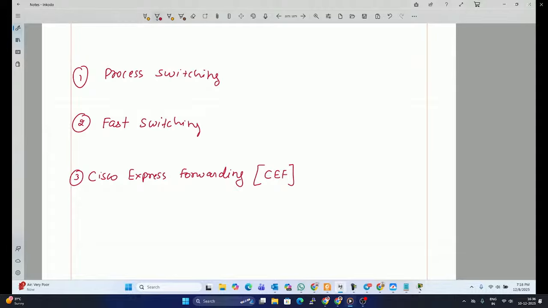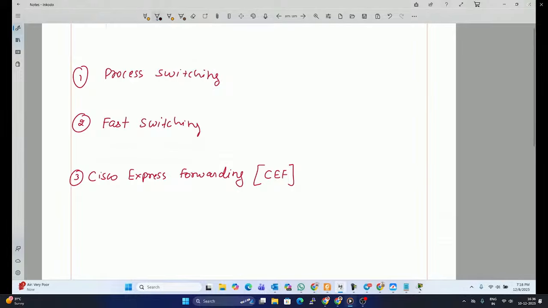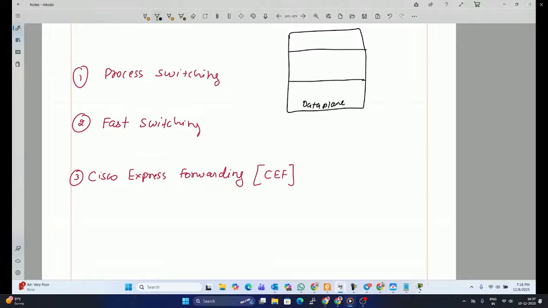So as we were talking about, a device is always having three planes: the management plane, the control plane, and the data plane. So this is the data plane, and the physical interfaces. A router can have more than two interfaces also, but I'm considering only two of them.